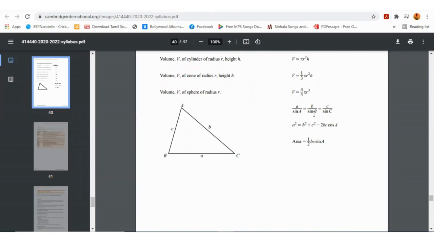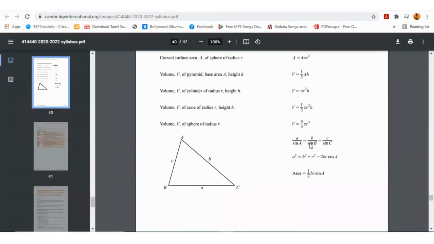You can tell them the benefit of using this version of the formula or the reciprocal version, sine A over a equals sine B over b, because that might be more useful when you're finding angles, and easier for weaker kids to remember if they don't know how to rearrange and solve such equations. So for those kinds of things, please feel free to go forward.